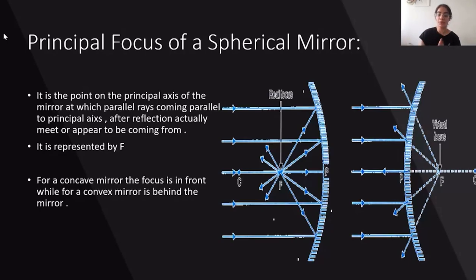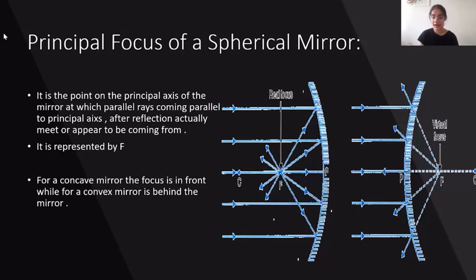So both these points, where either these straight lines appear to be coming from, or where after reflection they meet, are termed the principal focus of a spherical mirror. The principal focus of a concave mirror, like its center of curvature, lies in front of the mirror, but the principal focus of a convex mirror, like the center of curvature, lies behind the mirror.